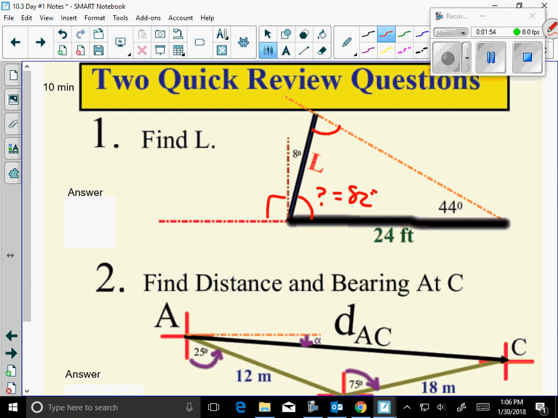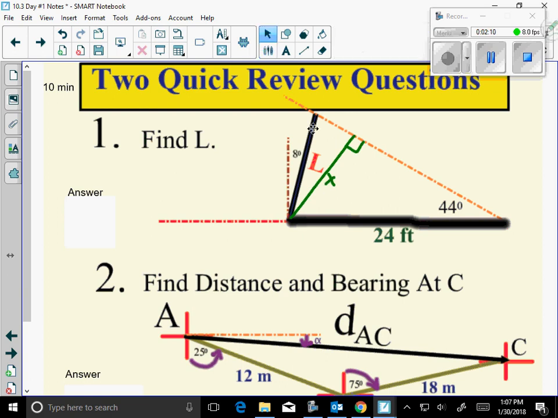Find L. What would I do here? Oh, why would I do that when I could use law of sines, but you're supposed to pretend like you don't know that yet, because that's coming next chapter. Okay, I would do this, right? And then I could find this length, and then I know that this is 90, and then I could use, let's see, what could I use? Well, yeah, I could use my brain. How would I find this little angle here?